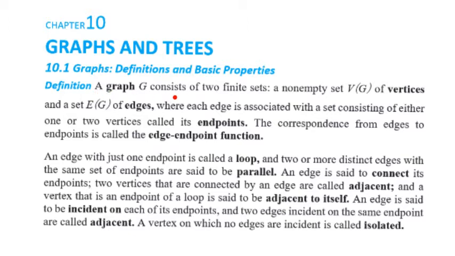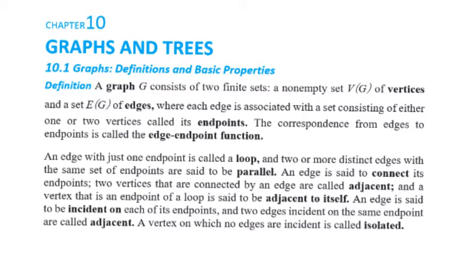In order to introduce graphs, we start with the definition of a graph. A graph G consists of two finite sets, a non-empty set V of G of vertices and a set E of G of edges. So V of G represents the set of vertices of graph G, and E of G represents the set of edges in graph G, where each edge is associated with a set consisting of either one or two vertices called its endpoints.